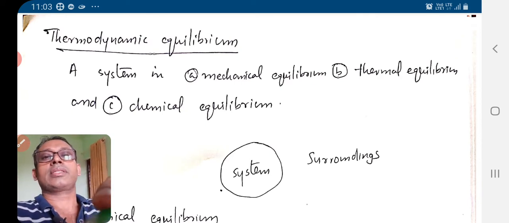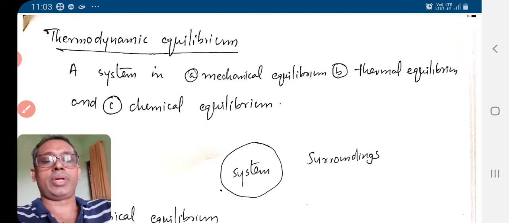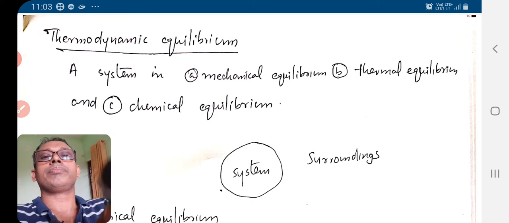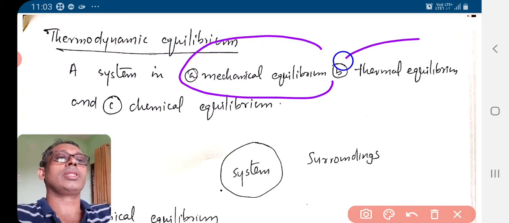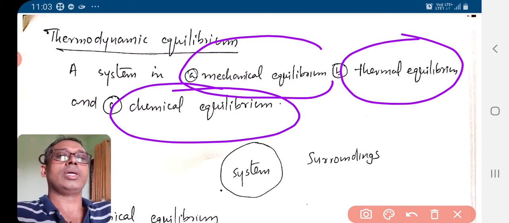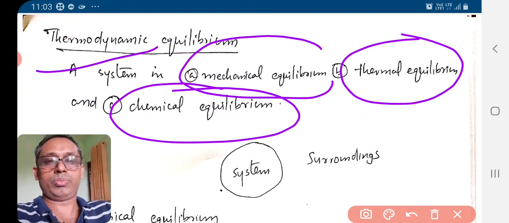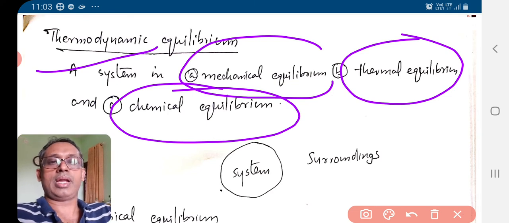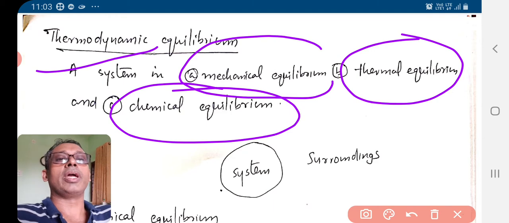So we should know the exact meaning of thermodynamic equilibrium. A system which is in mechanical equilibrium, thermal equilibrium, and chemical equilibrium is said to be in thermodynamic equilibrium.